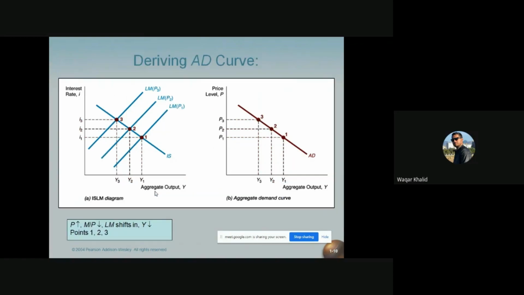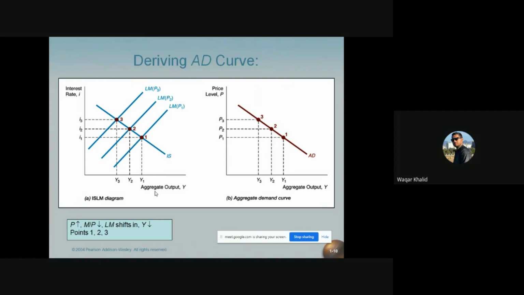And now finally, we are using the ISLM model to derive the aggregate demand curve. Now this is very simple, how we can derive the aggregate demand curve from the ISLM model. The question is, what happens in the ISLM model when the price level changes.